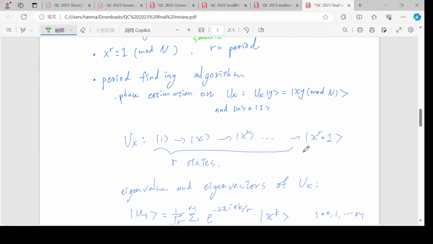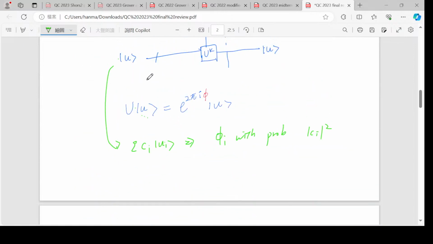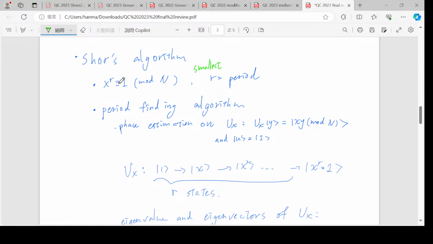So instead of using an eigenstate on the second register, since we don't know the eigenstate because finding it basically requires knowing r, we can use some linear combination of eigenstates that is the state 1. What is this 1? It's the computational basis state 1.